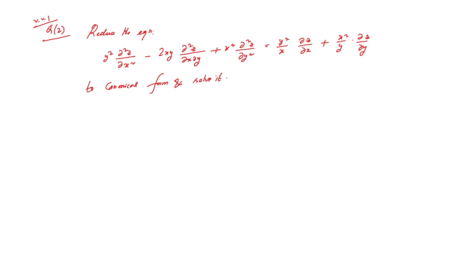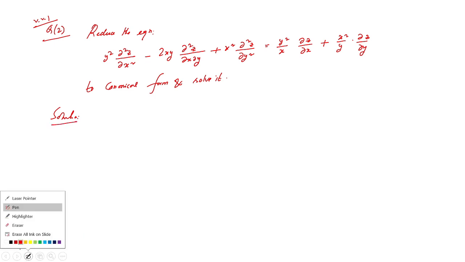Okay, so these are the problems. So how we'll solve this kind of problem? First we'll check whether it is parabolic type, hyperbolic type or elliptic type. So what is the given PDE?